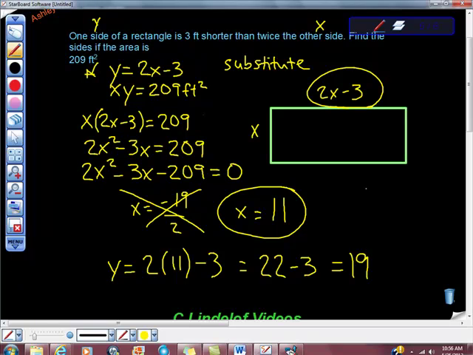So your two sides are 11 and 19. We should have labeled those. So one side is 11 feet and your other side is 19 feet.